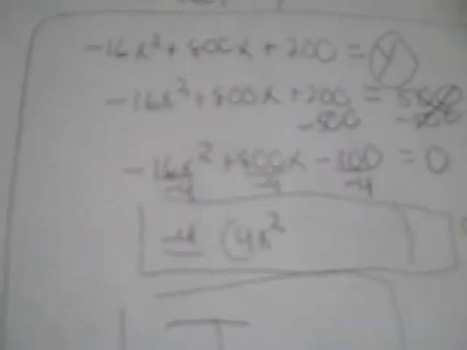The GCF out of these three is 4, so negative 4 gets factored out, and then divide by negative 4. And we have positive 4x squared now, minus 200x, and then plus 75.